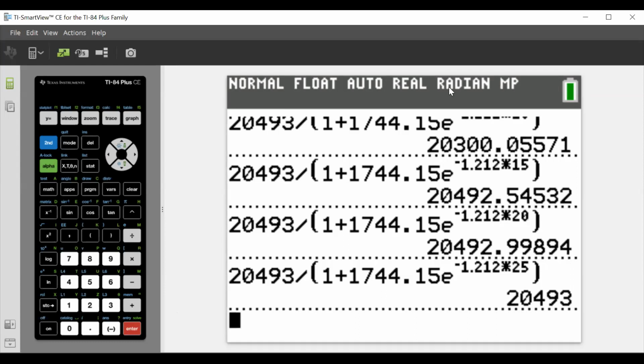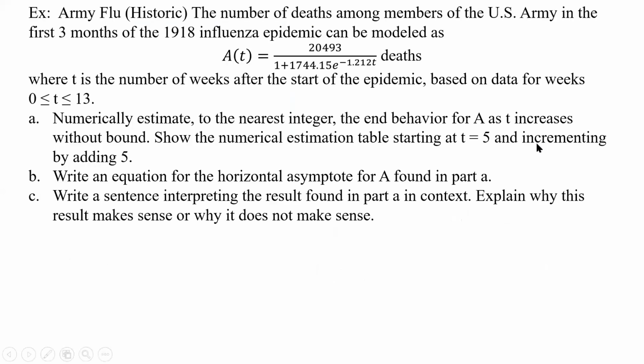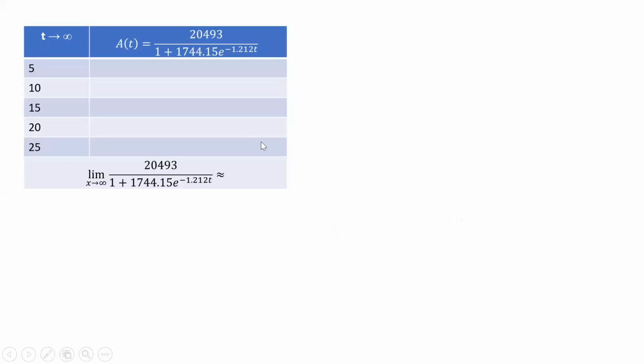Now what we have to think about is, what would we do? Let's go back here and see what it says. It said estimating to the nearest integer. We got it to 2 decimal places. So we had 4040.78, and that's approximately 4041. Then for 10, that was 20300.06, and that's going to be 2300.